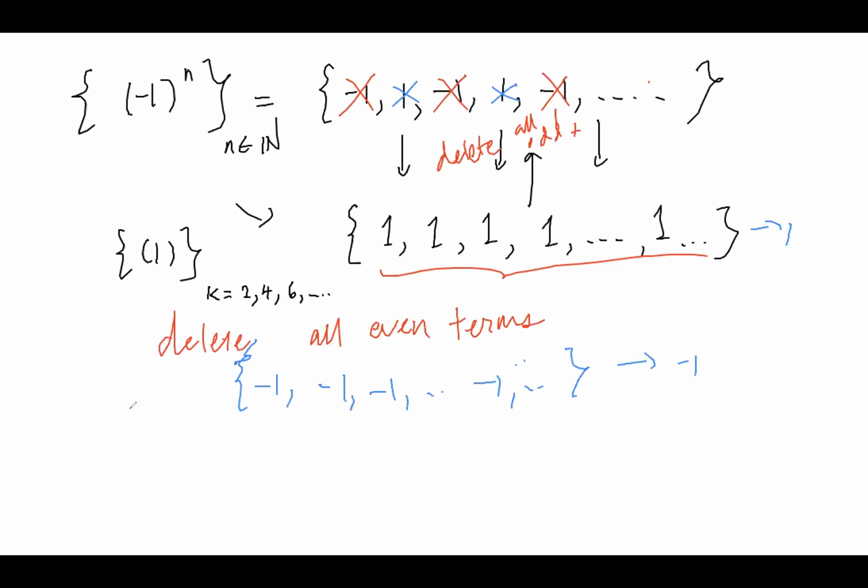For those that do not converge, there are many examples. You can delete with a certain pattern, like you delete 1, 2, then you skip, so maybe something like this.